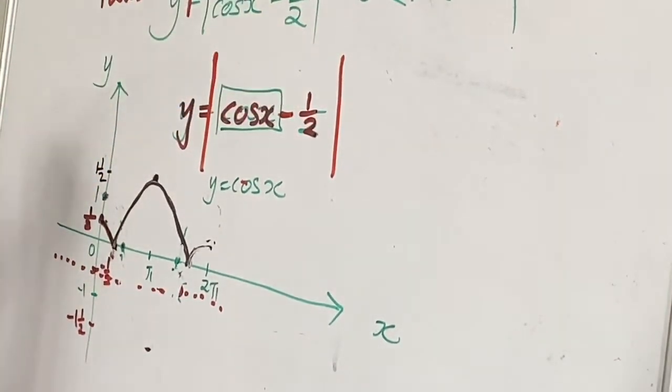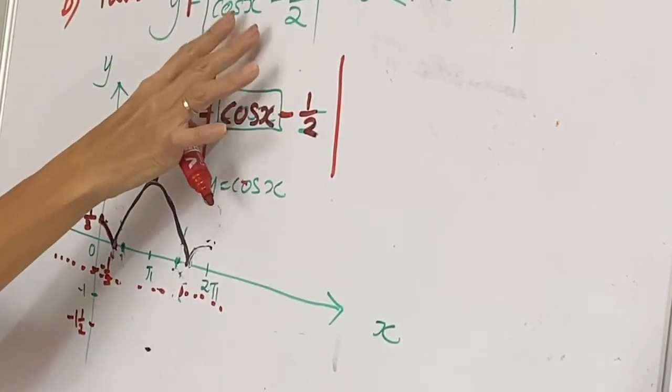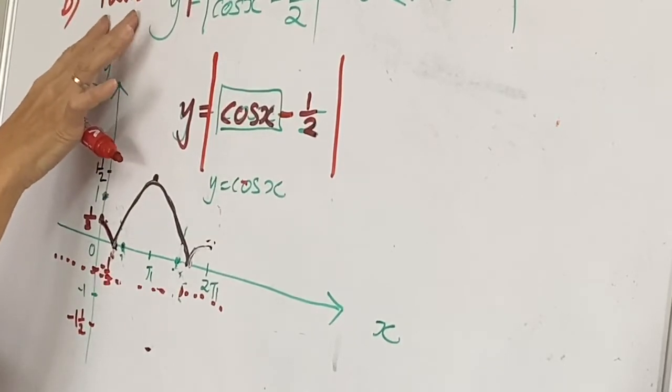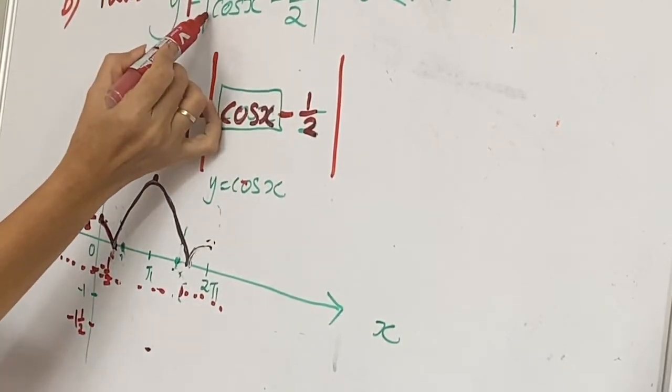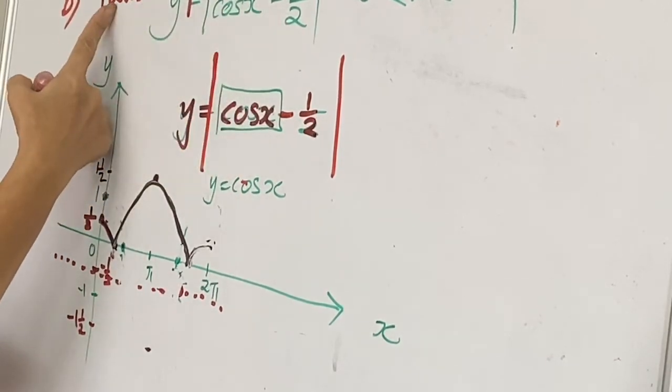When it comes to part B, we always compare with y. I want y to take over this position. So that means here we don't have the 2.